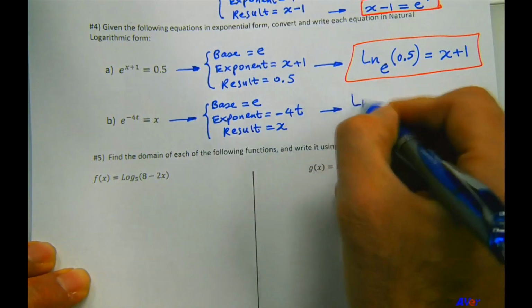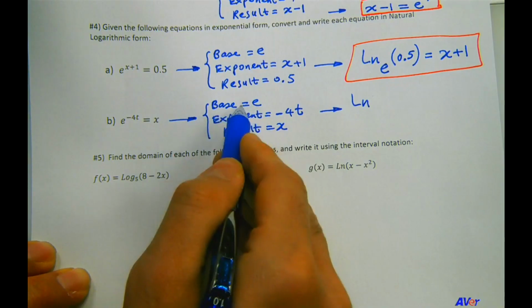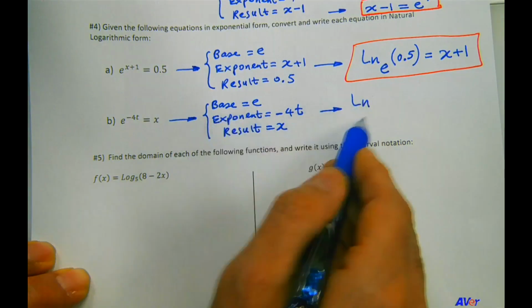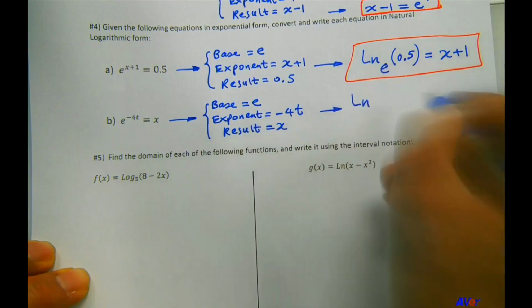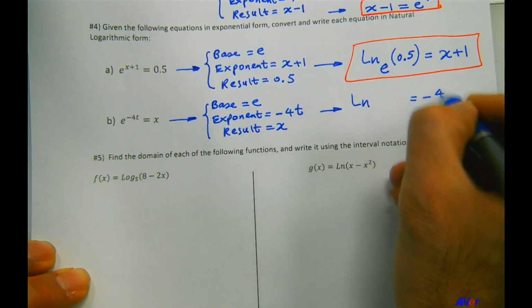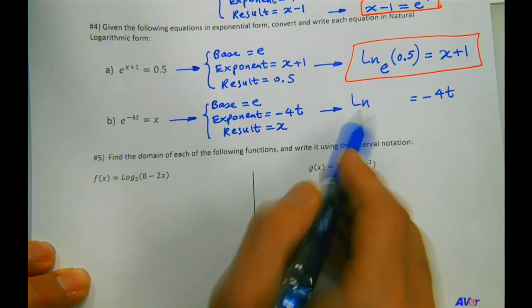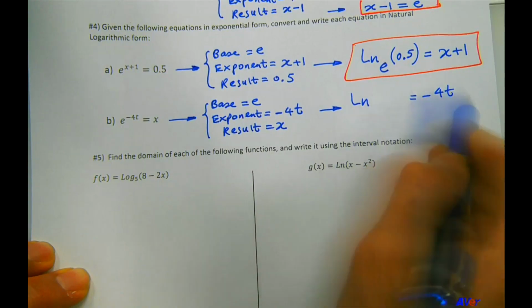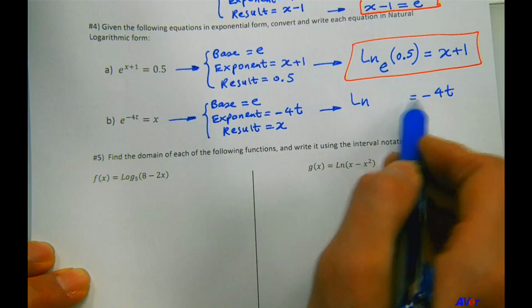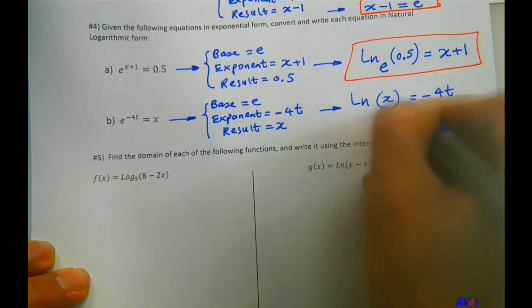As soon as I put natural log, that base has already been taken care of. The base of the natural log is e. Then the exponent is on the other side, right? Minus 4t equals minus 4t, because natural log and log functions generate or produce an exponent. Equals means generates that, produces that, and the result is x, like that.